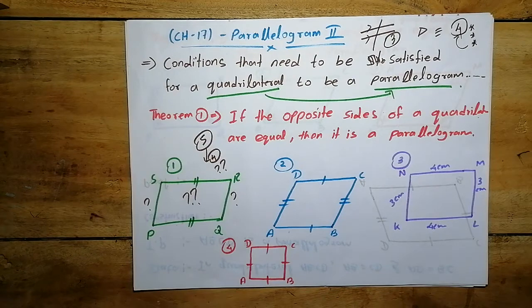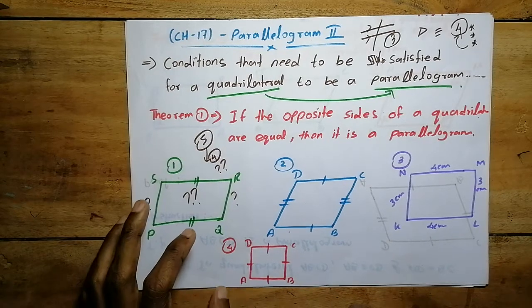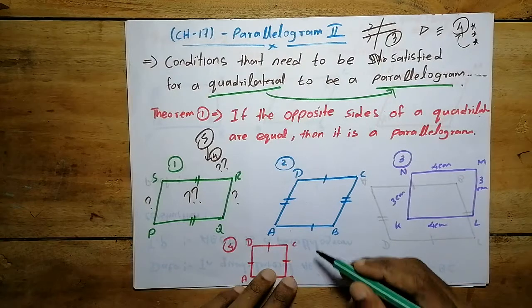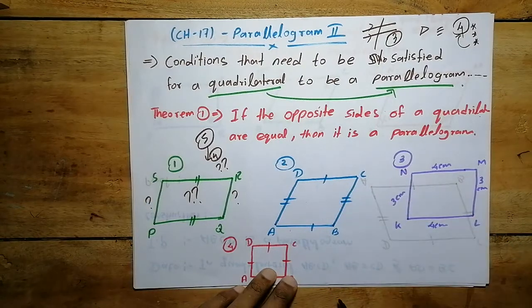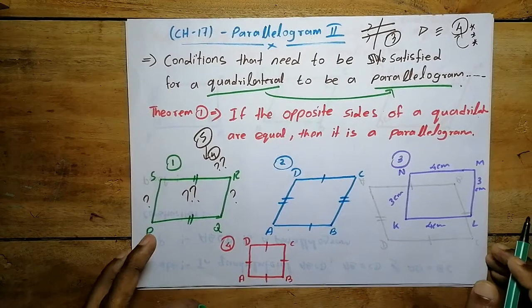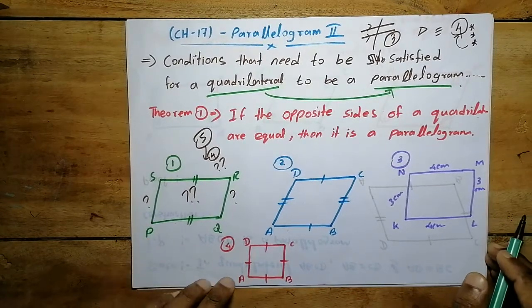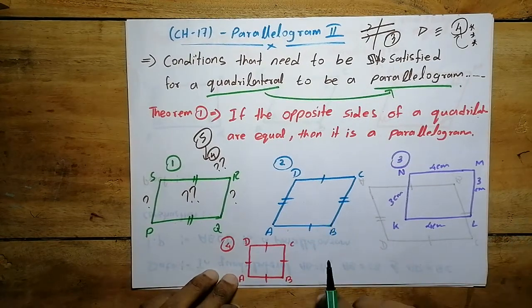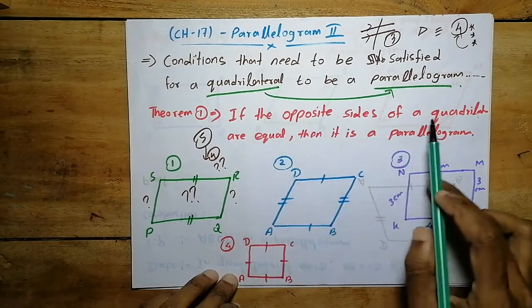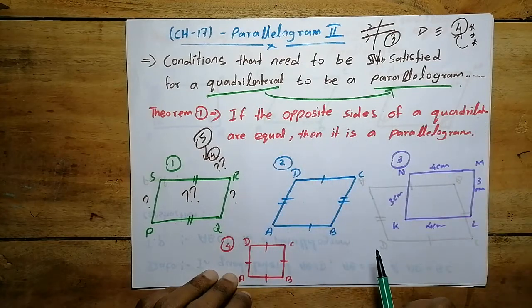Okay, let's check the second figure. ABCD is a quadrilateral. The opposite sides AB equals CD and AD equals BC. So the data of the theorem is in the second figure: opposite sides of a quadrilateral are equal.